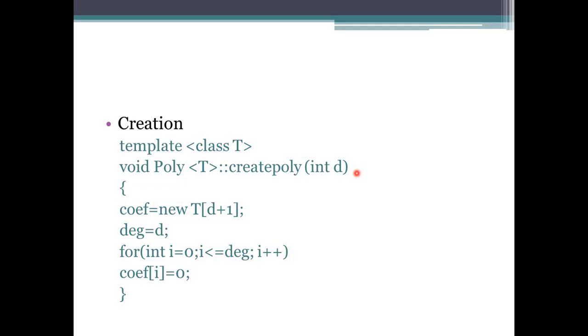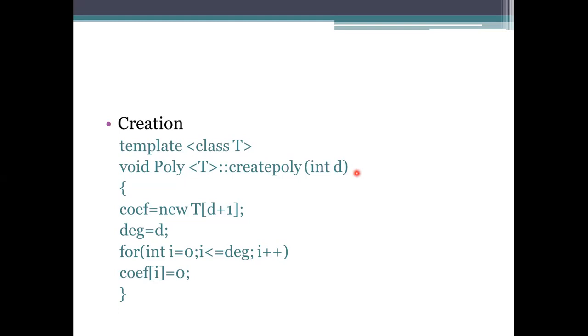Yesterday I also told you that the highest degree we represent is not the array size, because the degree counts only from 1 to 4, but there is also the x to the power 0 term. So we need to store that value and take an extra space. That's why we consider from 0 to n.